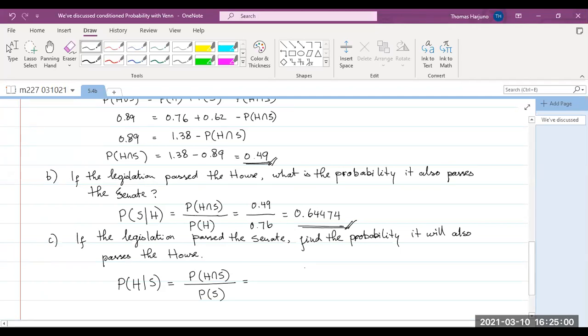Then the probability of the intersection is 0.49 over the probability of passing the Senate, which is 0.62. That's 0.79032. Any questions so far?